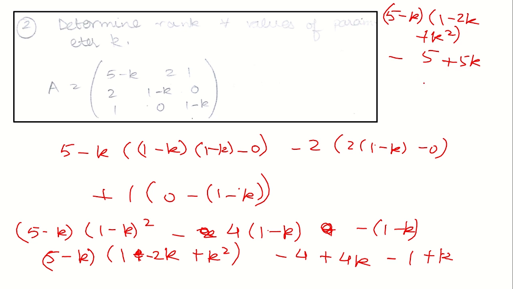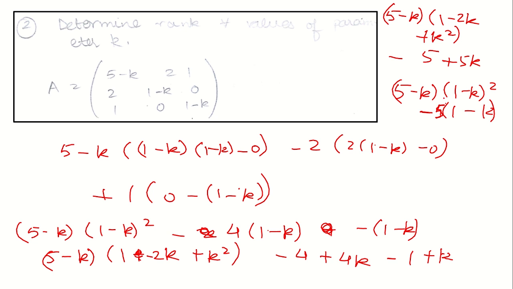Okay, so you would actually have something like (5 minus k) into (1 minus k) square, which is what we had, minus (1 minus k), minus 5 into (1 minus k).